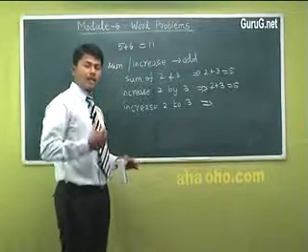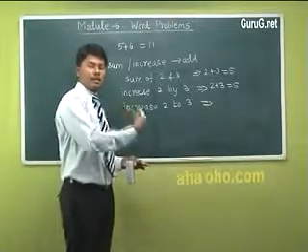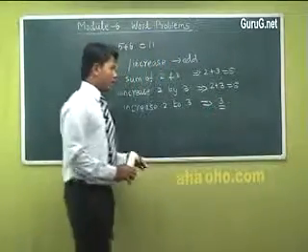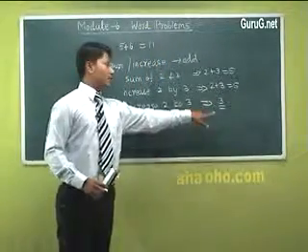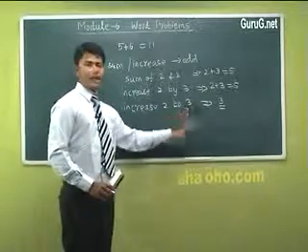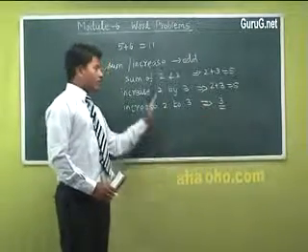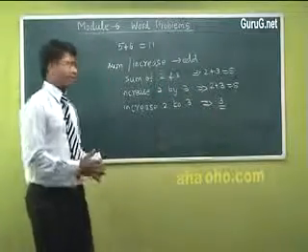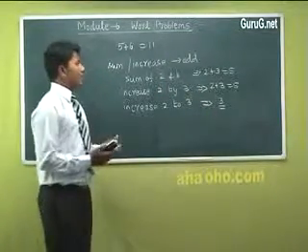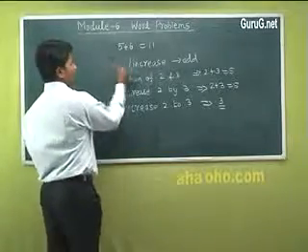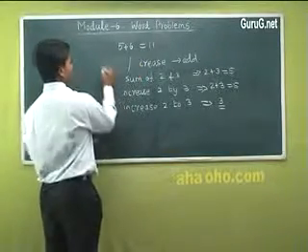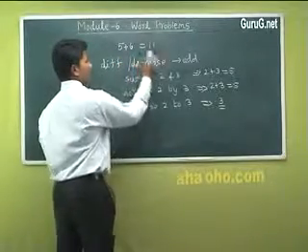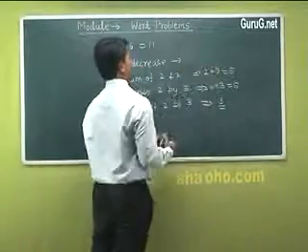So the answer is 3. If you increase 2 to 5, the answer is 5. But if you increase 2 by 3, the answer is 2 plus 3 is equal to 5. Similarly, for difference, it is called decrease. The operation will be subtraction.